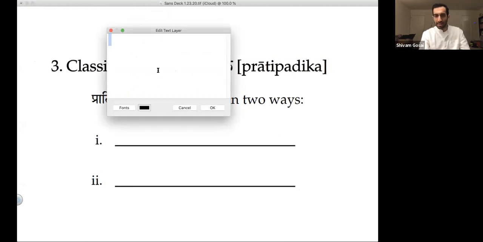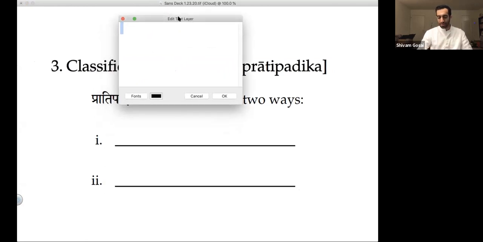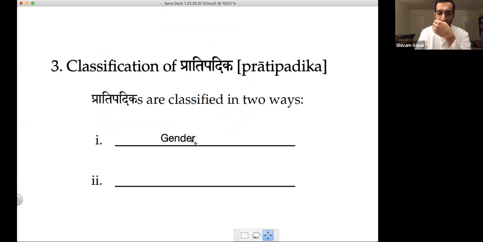The first way that it's classified is by gender. And the gender is masculine, feminine, or neuter.